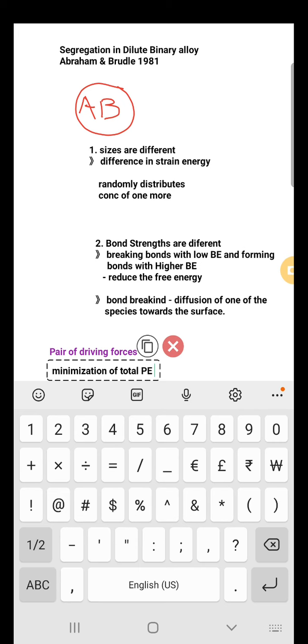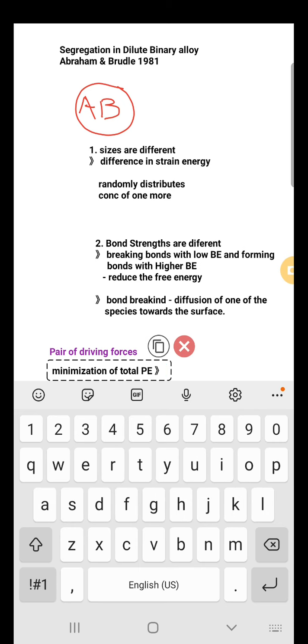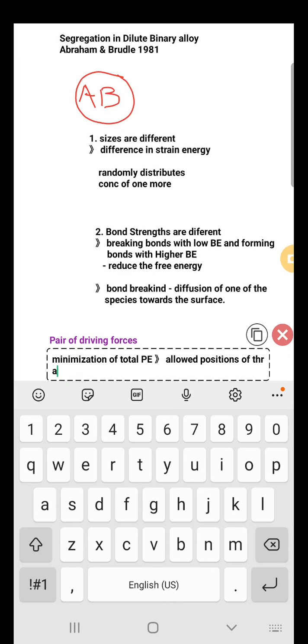which brings us again to the fact that the atoms around a solute atom get relaxed.